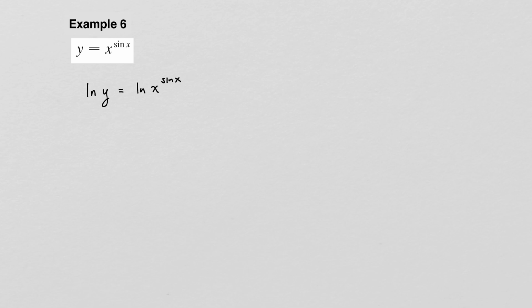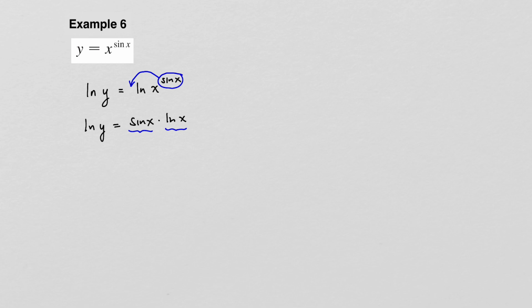And what this does is it allows us to bring this power down using a property of logarithms. So this becomes the natural log of y is equal to sine of x times the natural log of x. And now if you look at the right-hand side, we have a product of two functions of x.